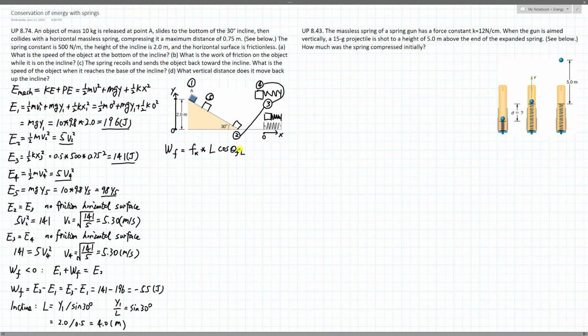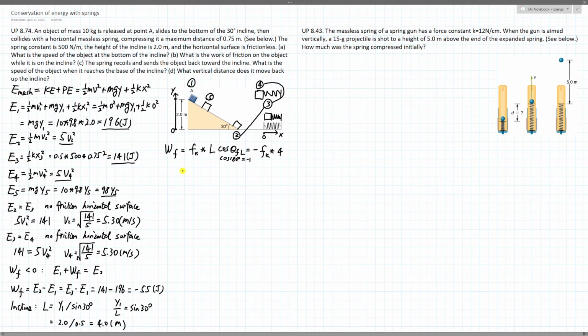So cosine of 180 degrees gives you a -1. So this is a negative frictional force times the length of 4. So the -1 came from here. This cosine 180 equals -1, right?